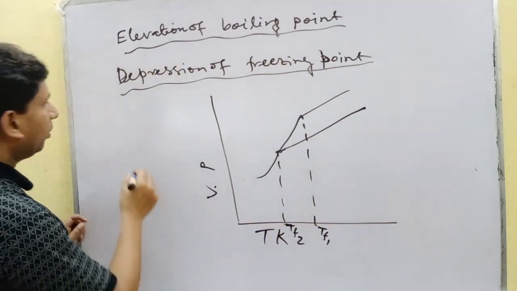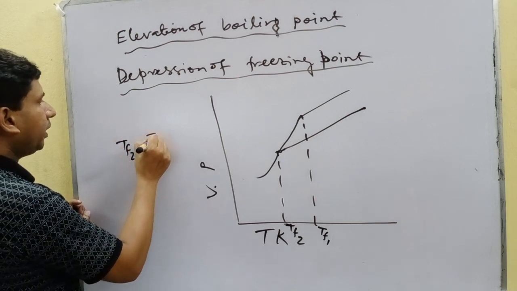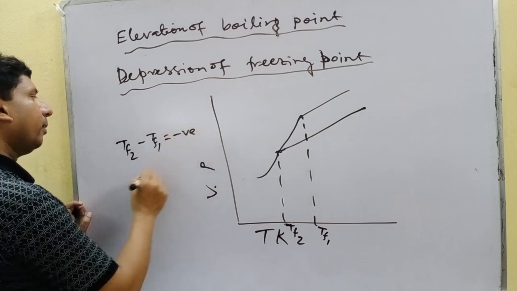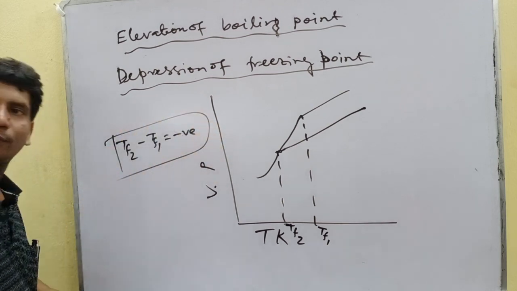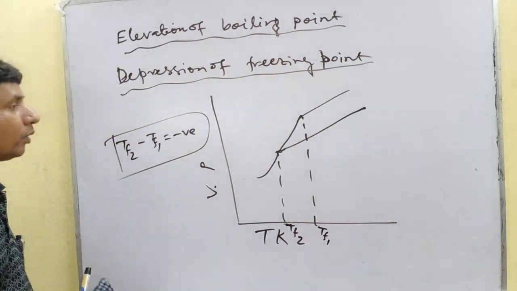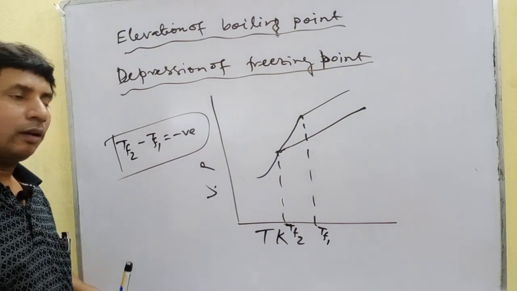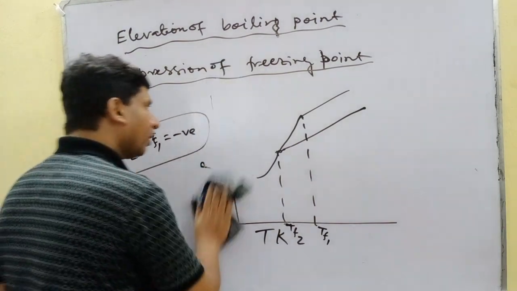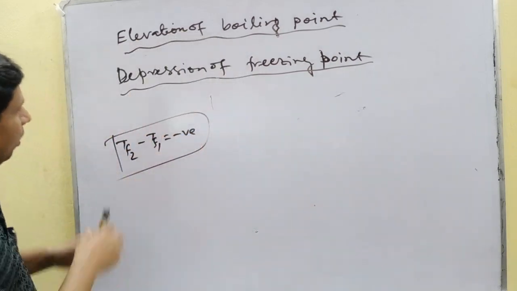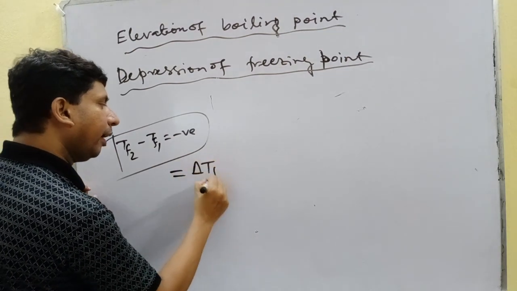That means TF2 minus TF1 will be negative. Okay, this must be a negative value. Clear? So depression of freezing point is also a colligative property, and this is equal to delta TF.